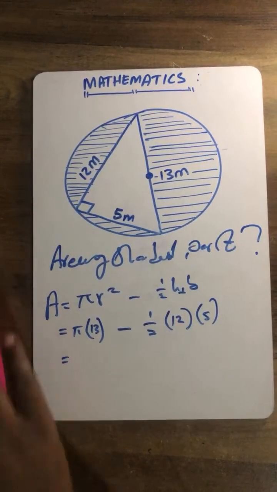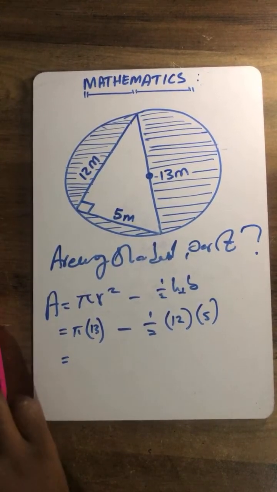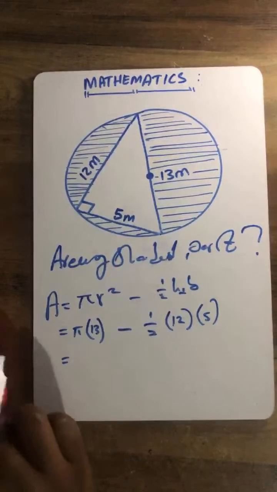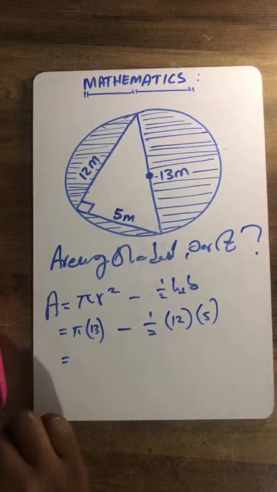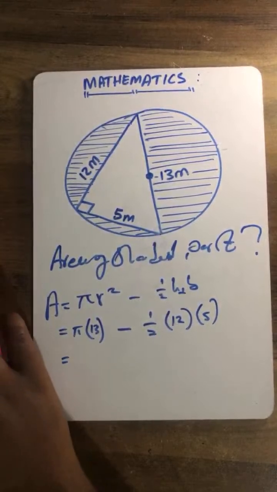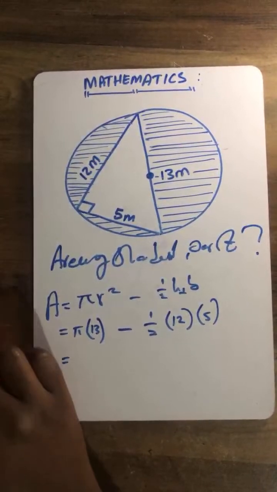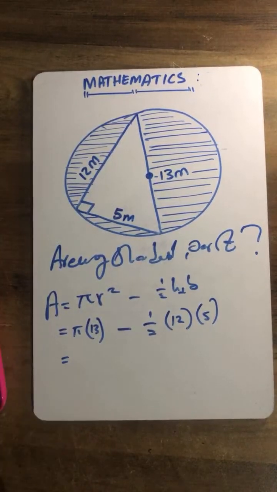So let us see what is pi into that, and then that. Wait, pi r squared minus, wait, why am I getting a different answer, honorable members?